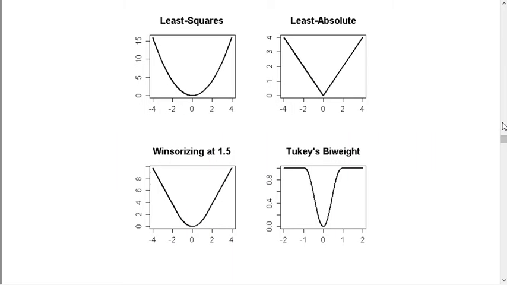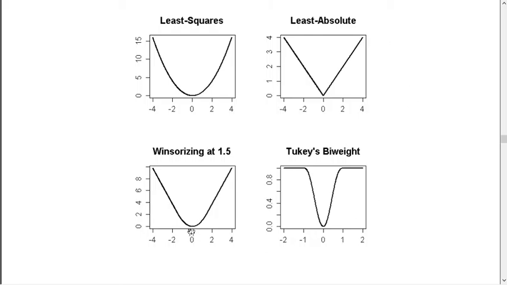Here are some examples of the penalty functions that are used for these different forms of regression. This is just a quadratic curve. This is the least squares method, where the penalty function is the square of the residual. Here's the least absolute deviation, or L1 regression penalty function, where the penalty is simply the absolute value of the residual.